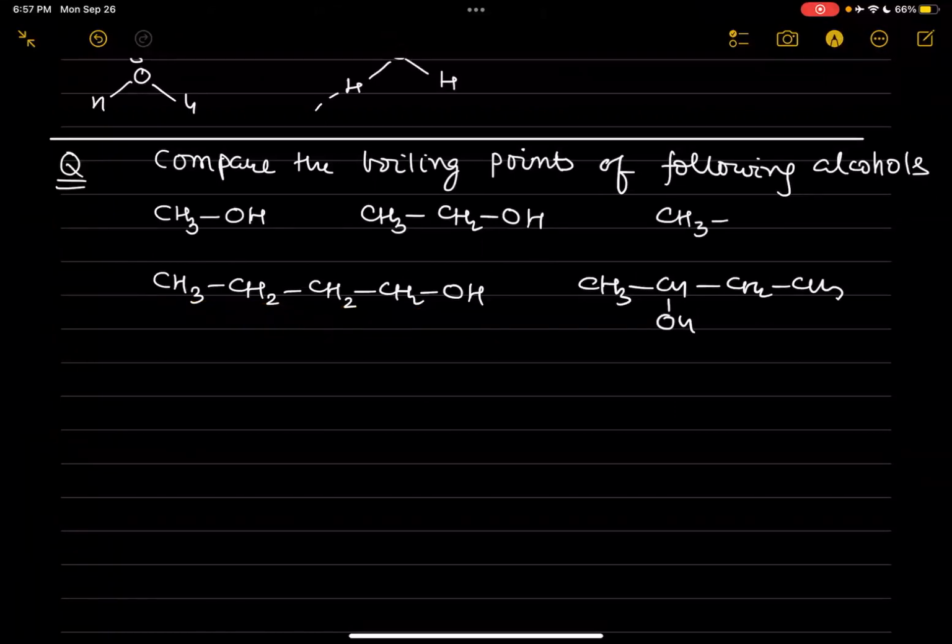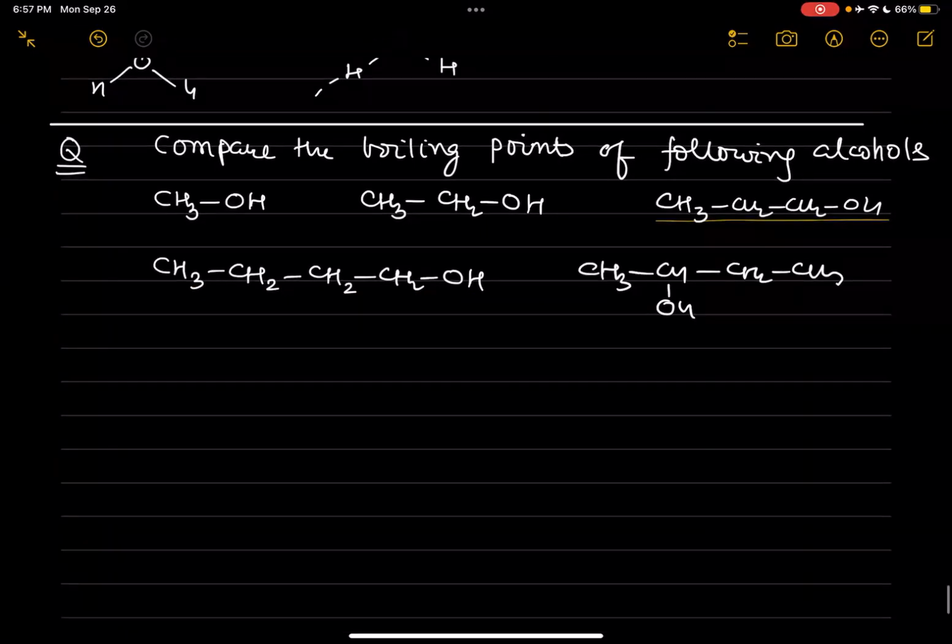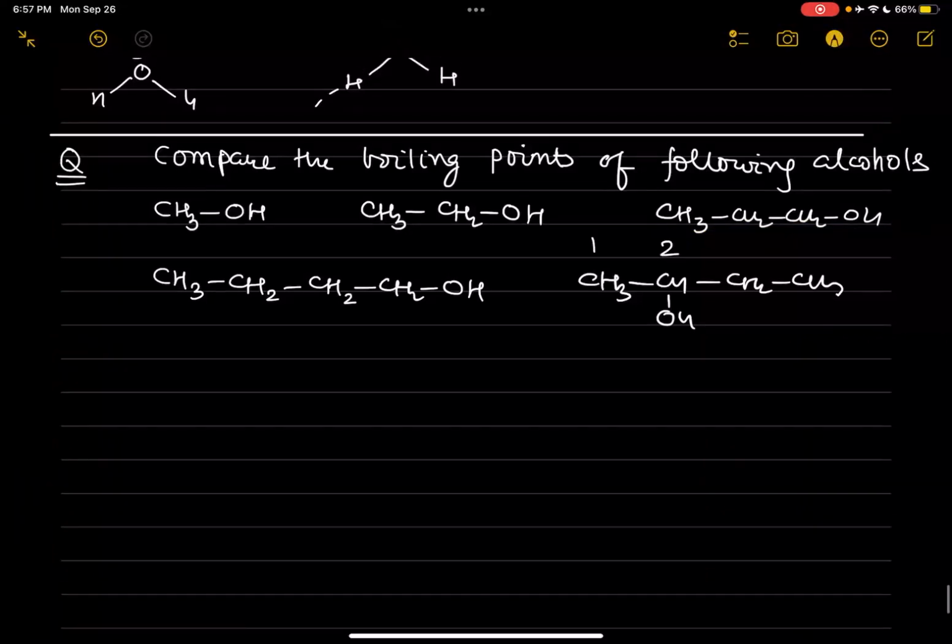Let's take propanol also. Methanol, ethanol, propanol, butanol. For butanol I took two different isomers: the one in which the alcohol is connected to the terminal carbon atom is 1-butanol, and the one in which it is connected to the middle is 2-butanol.